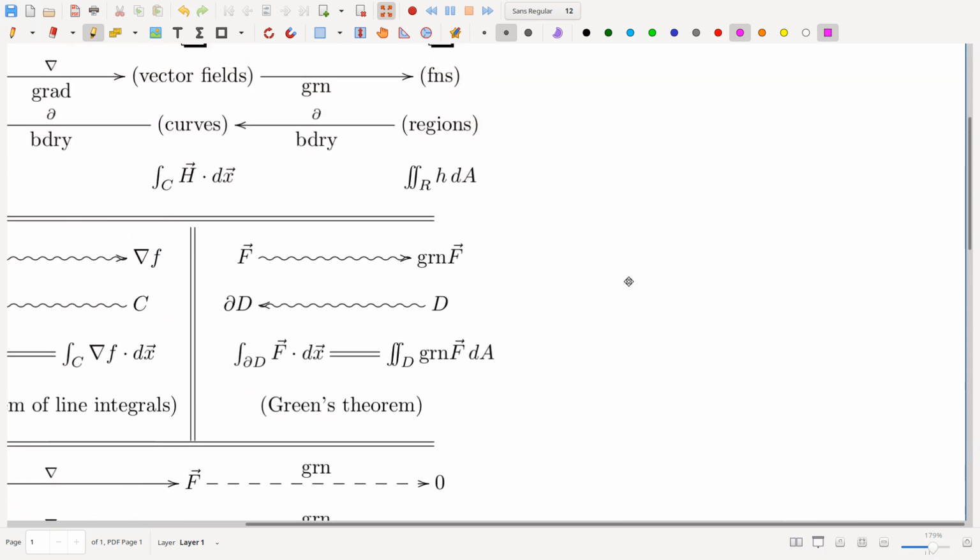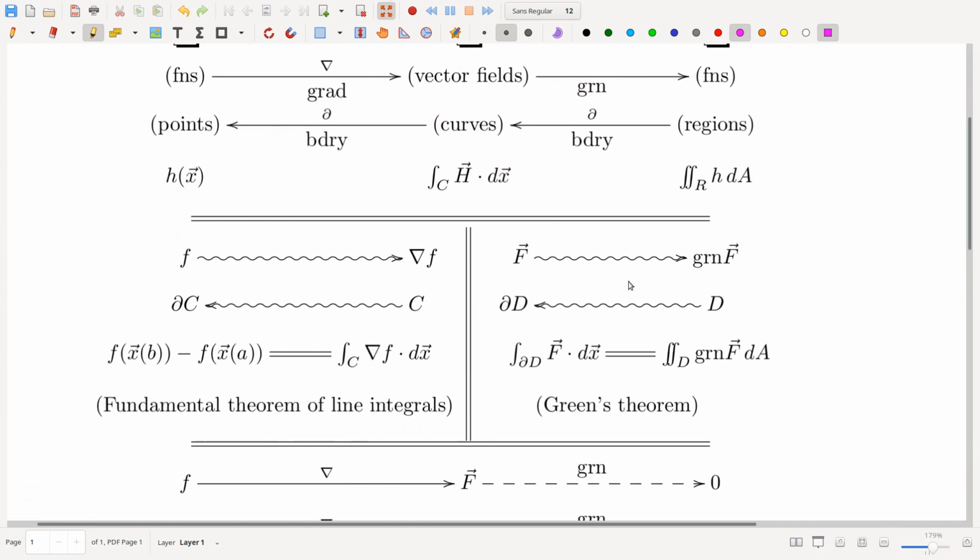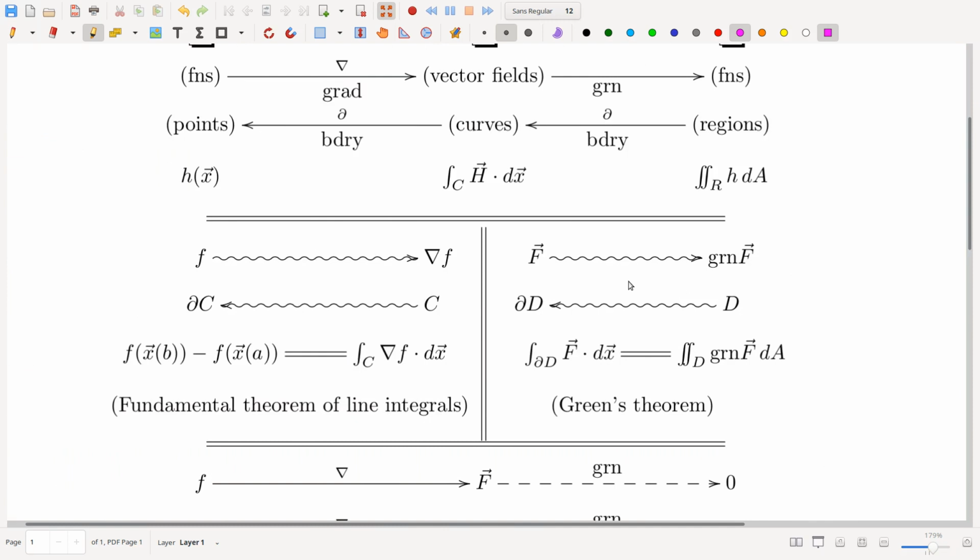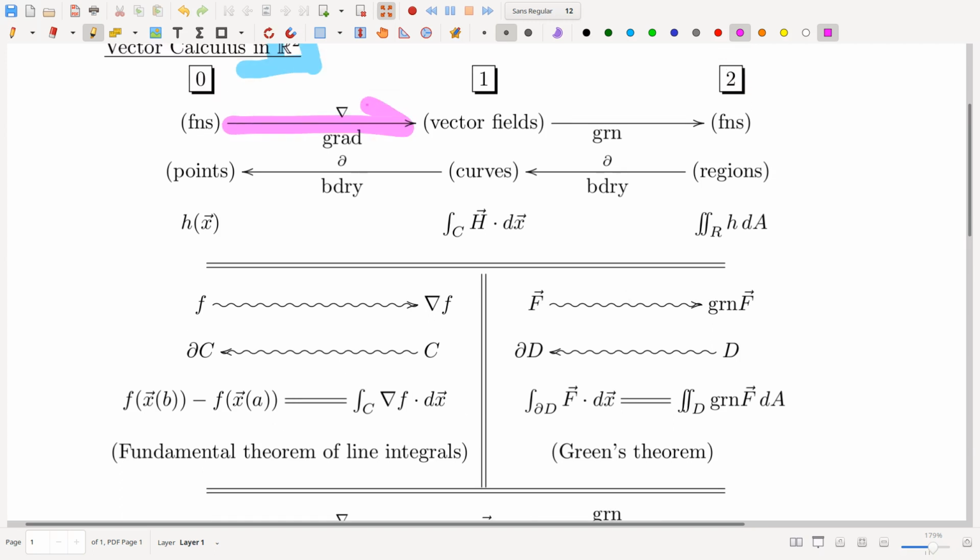And again, how to make that precise is not something we're going to be able to deal with. What we're going to be able to benefit from, though, is that with all of these theorems, you just need to understand the pattern. If you let this diagram be your bookkeeping system, how you sort these ideas in your mind, and you think of gradient and Green's operator as composing like this, then the pattern that helps you understand that theorem is the same as the pattern that helps you understand that theorem, which is the same as the pattern that helps you understand all the other theorems.